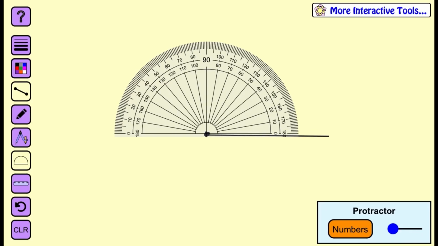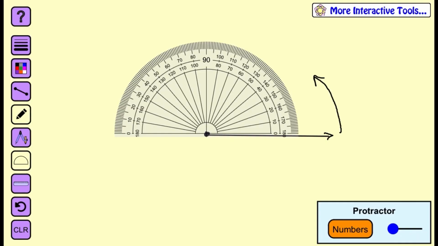It's very important that you try to make this as neat as possible. The line I just drew represents one of the rays of our angle. We now need to construct another ray by going 45 degrees in this direction. So where is 45? Well, each of these numbers represents a degree measure.